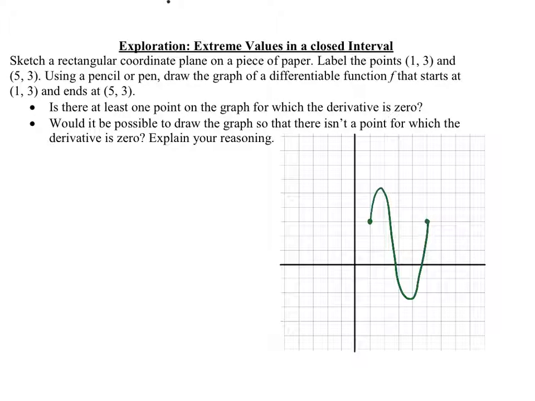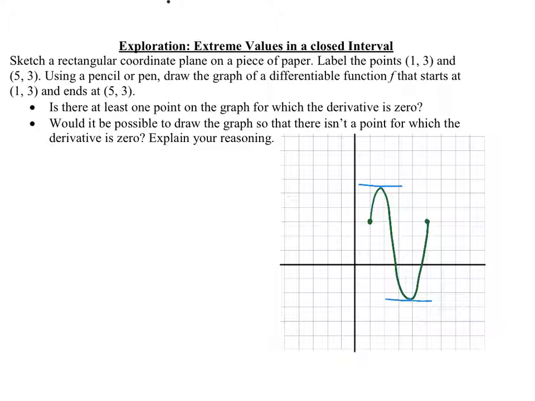But notice, no matter what you do on this, you're going to get at least 1 point. In my case, I have 2, where the derivative equals 0. Where the derivative equals 0.